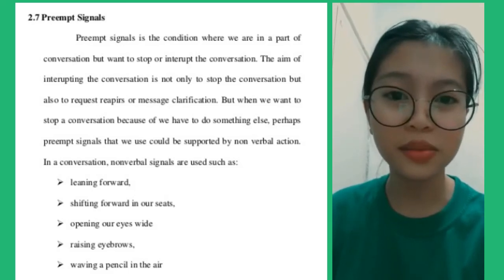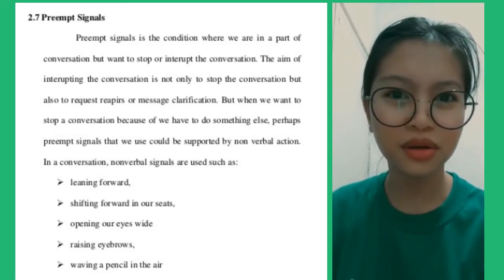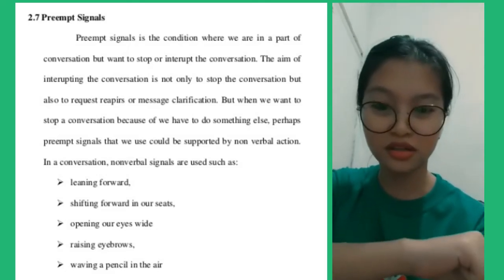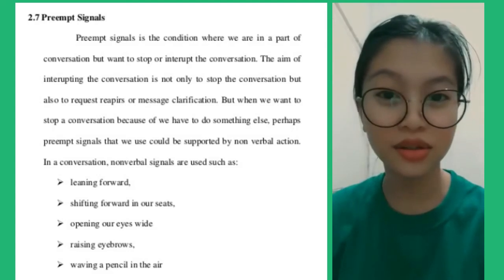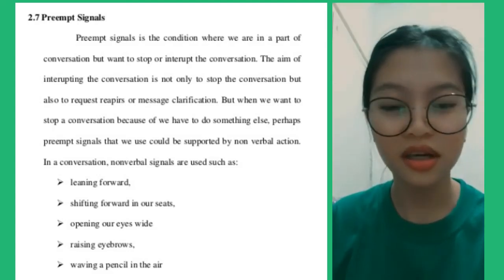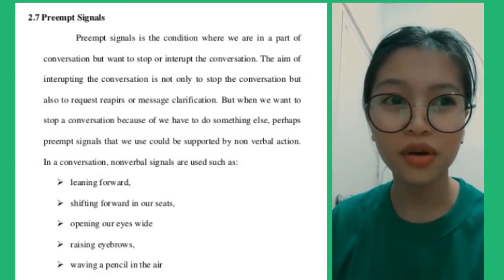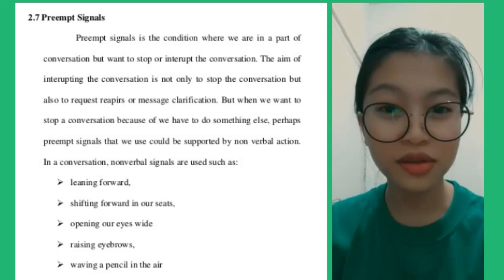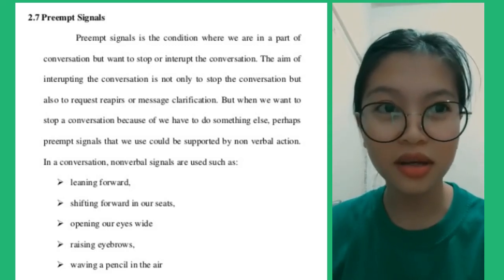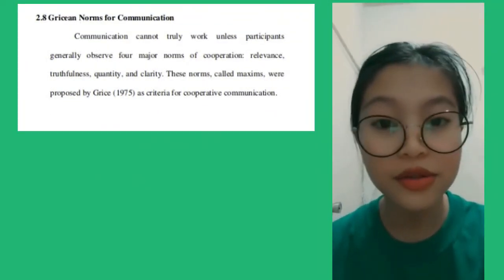Like for example, you need to do something, so in order for her to stop talking, you make a sudden gesture like this, and that would signal her to stop talking. Or if you couldn't guess what she said, you raise your eyebrows or widen your eyes, like that.